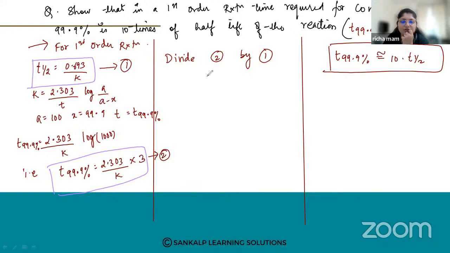Dividing 2 by 1, T of 99.9% is equal to 2.303 by K into 3, and T of half is nothing but T of 50%, so 0.693 by K. Let me write this systematically: 2.303 into 3 divided by K.